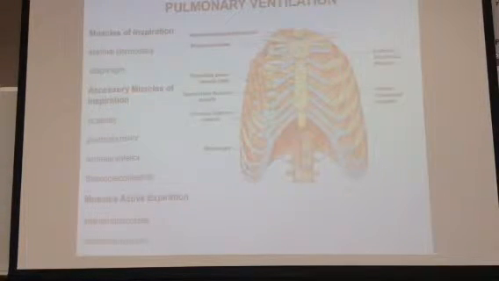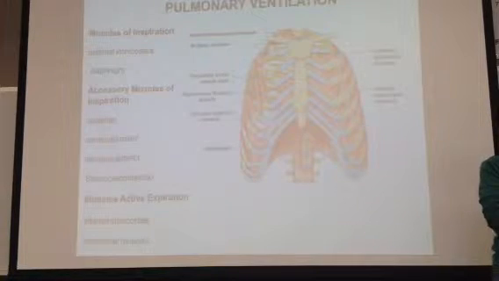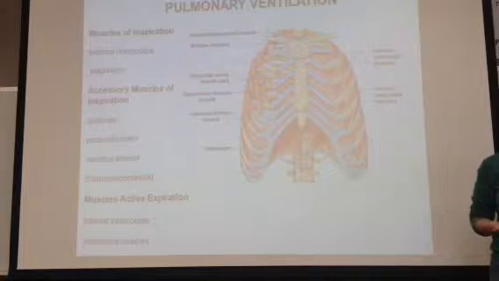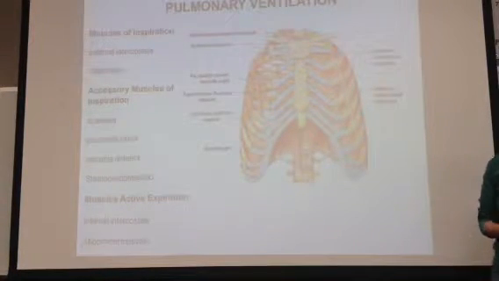So on Tuesday, we'll start with pulmonary ventilation, but breathing, respiration, has three components to it. Okay, we're getting oxygen to our blood. Tuesday we'll talk about one, pulmonary ventilation. Okay?